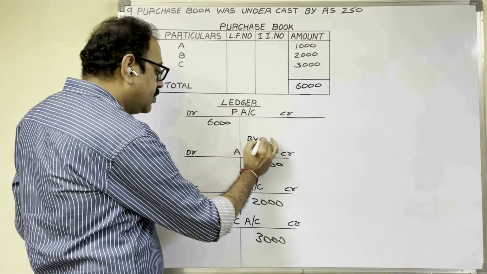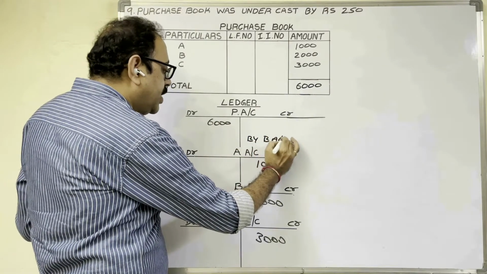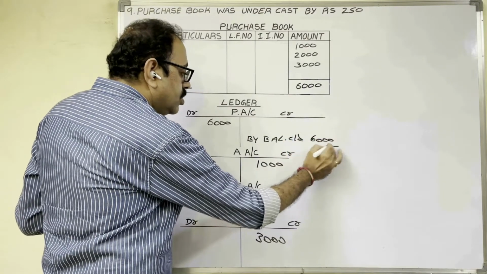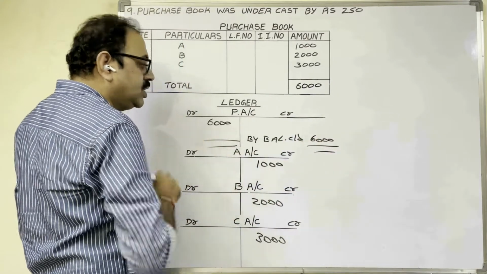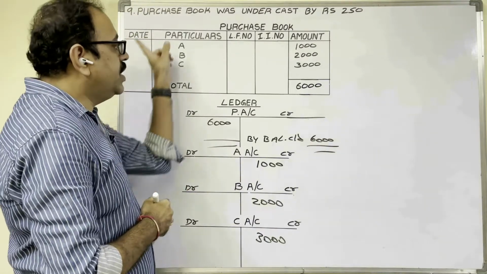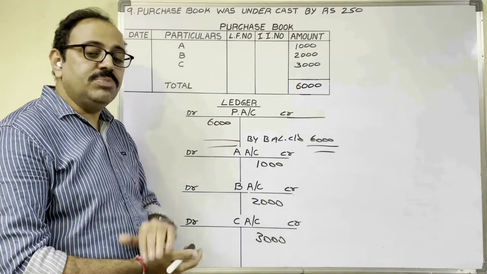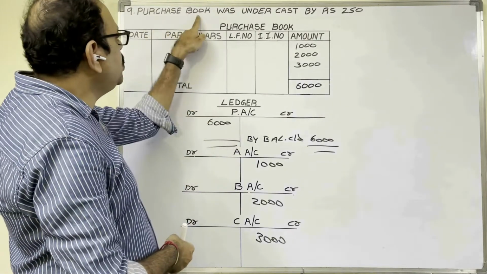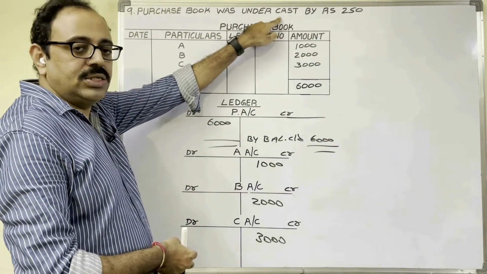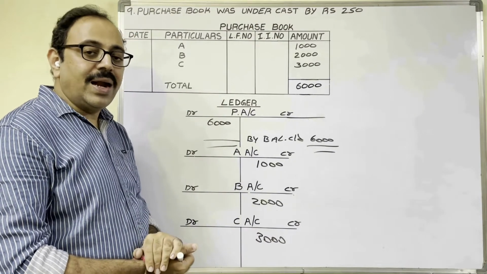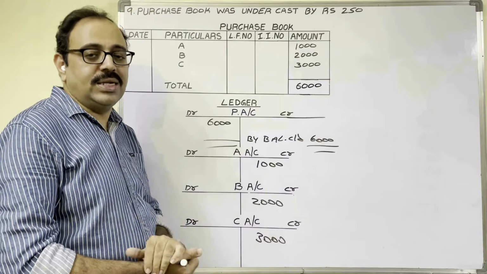By balance carried down 6,000 rupees. Total 6,000. So correct recording, correct posting. Now observe what is the mistake. Purchase book was undercast. Overcast means totaling more. Undercasting means totaling less.